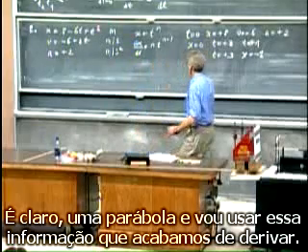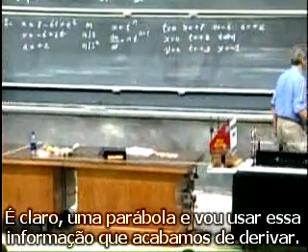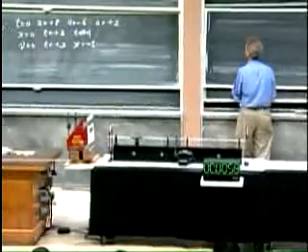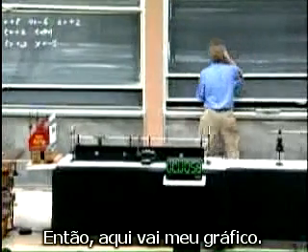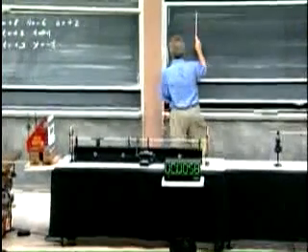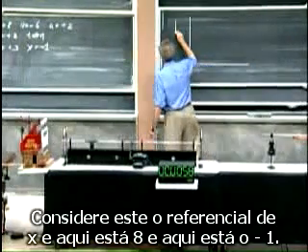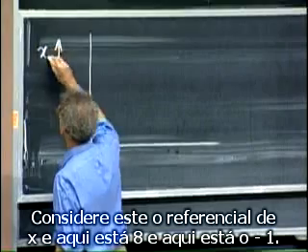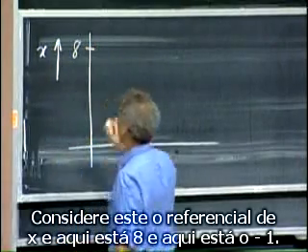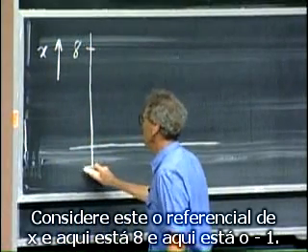It's of course a parabola, and I use this information that we have just derived. So here comes my plot. Let this be increasing value of x. Let this be 8. And let this be -1.